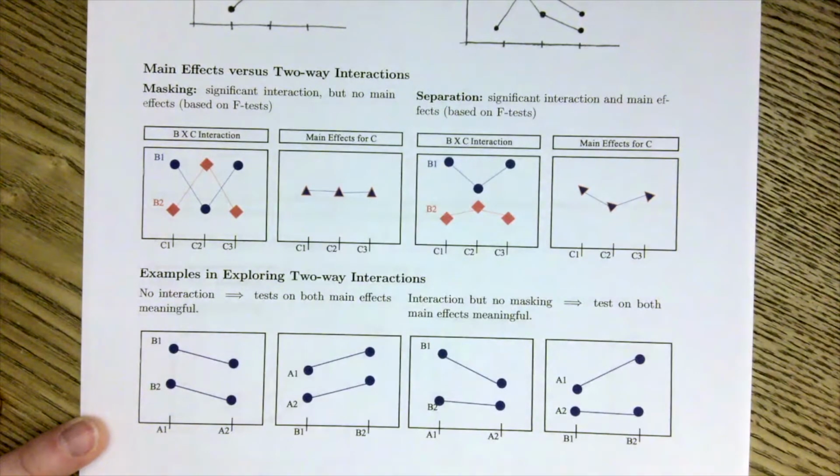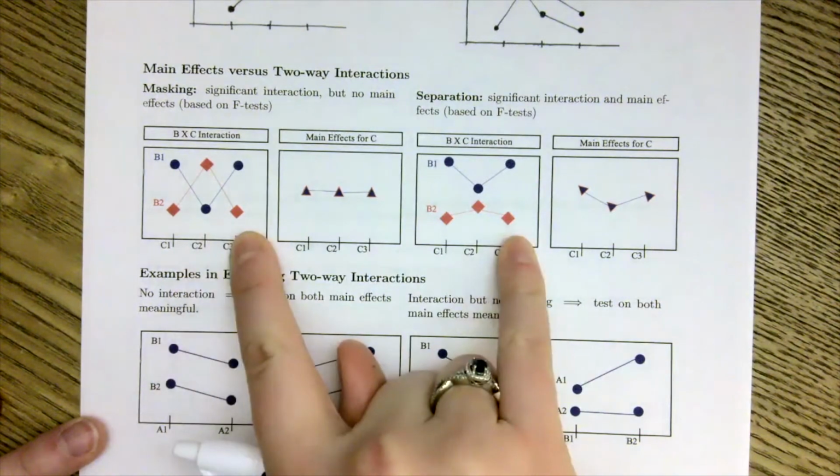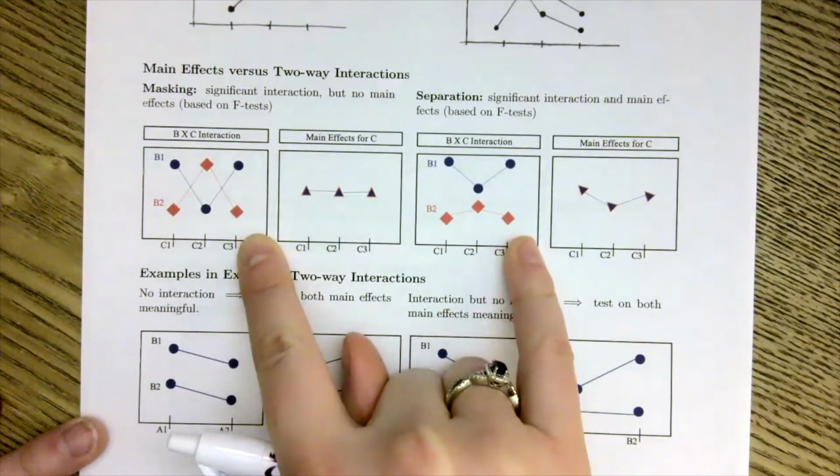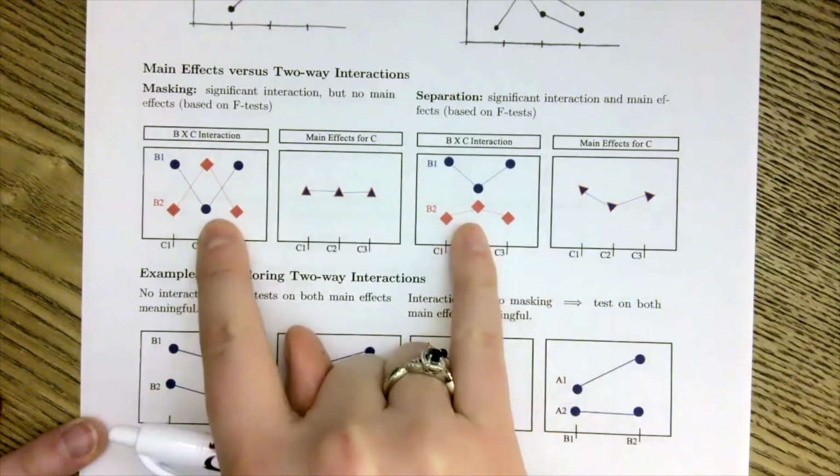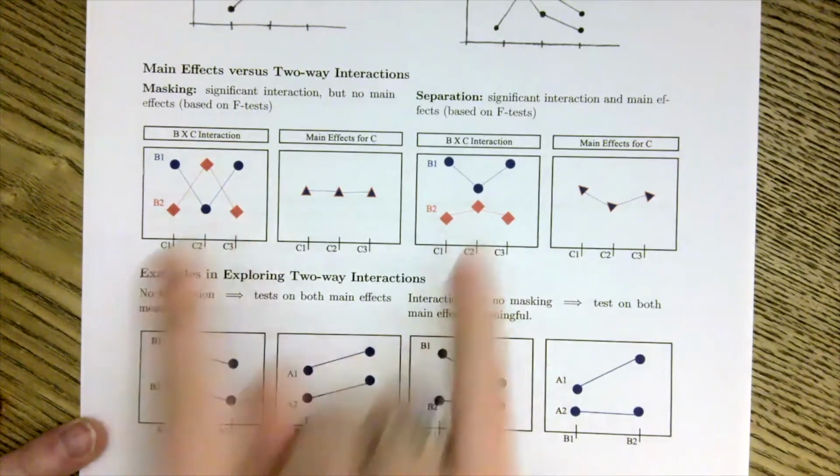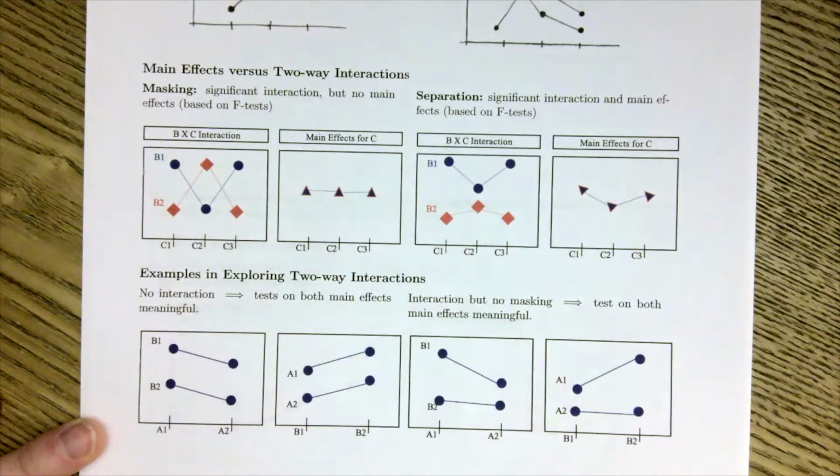Okay, so in these two examples, we can see that we have interaction. Here are our interaction plots. An interaction says that the effect of one factor changes for each level of the other factor. So specifically, the effect of factor C changes for each level of B.